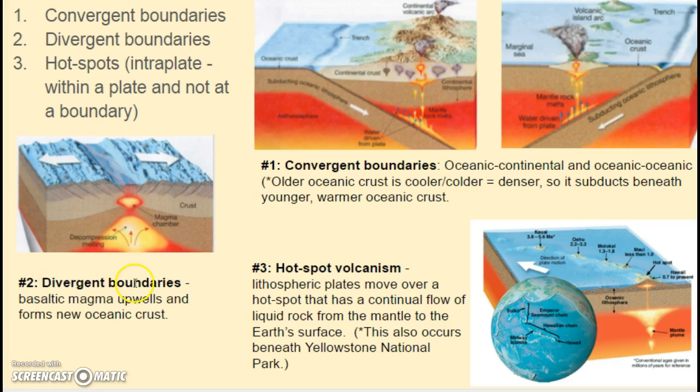Number two, divergent boundaries. Here we're still looking at just locations of volcanism, and this is the most common type of volcanism on Earth. This is taking place where new and young oceanic crust is finding its way to the Earth's surface all the time. And lastly, hotspot volcanism, and this is how the Hawaiian Islands form.